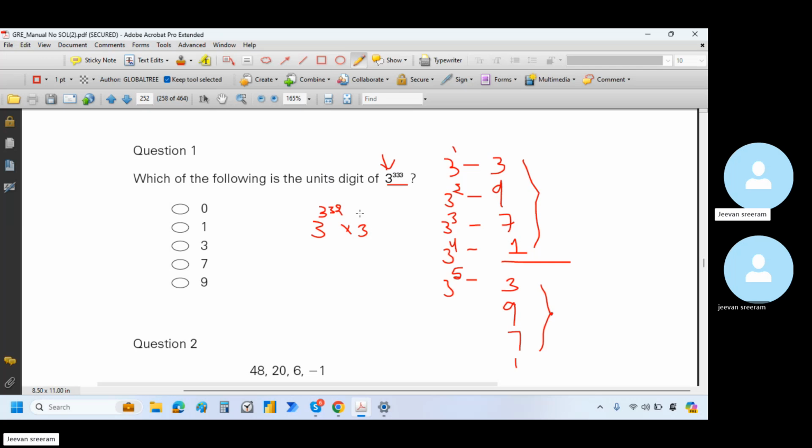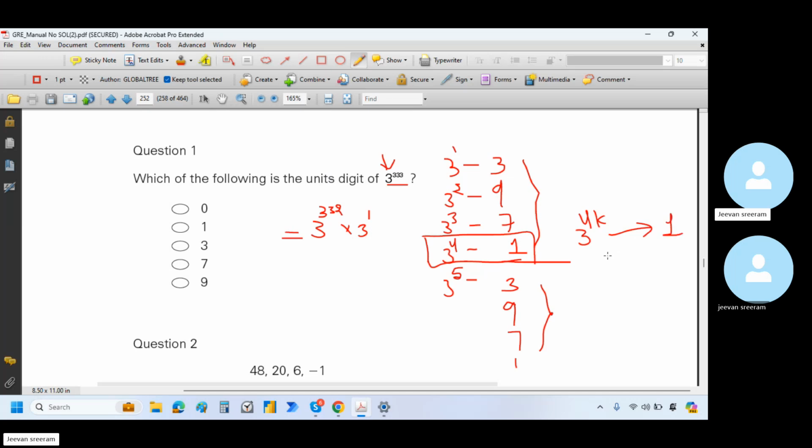So 332 is going to be divisible by 4 for sure, since 4 sevens are 28, 4 eights are 32. So 3 power 332, a 4 multiple. 3 power 4 is 1, and the last digit of 3 power 4 being 1 means 3 power 4k will also have last digit 1.